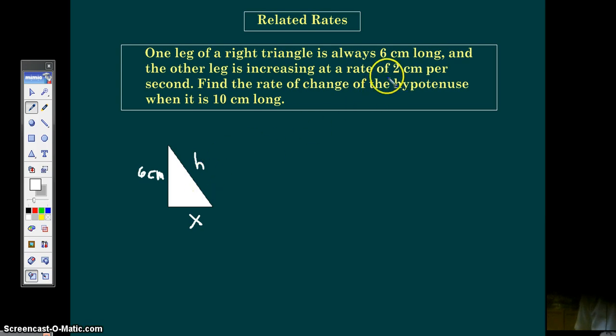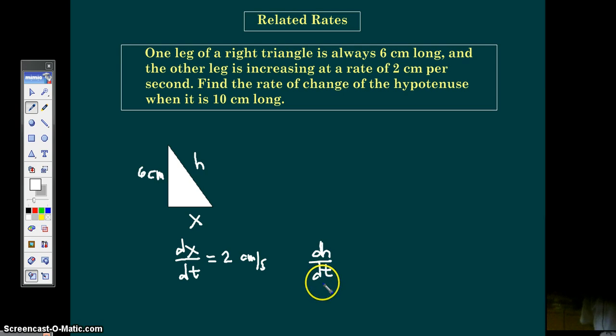We're given the rate of change of the other leg, dx over dt, and that is equal to 2 centimeters per second. And we are asked to find the rate of change of the hypotenuse. We have to find dh over dt.